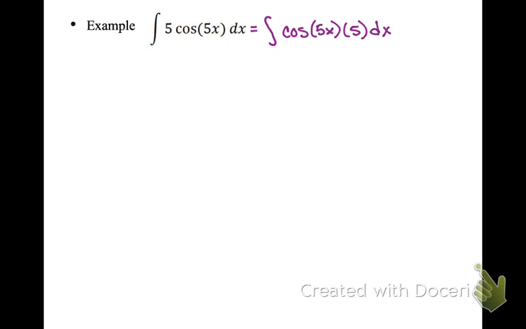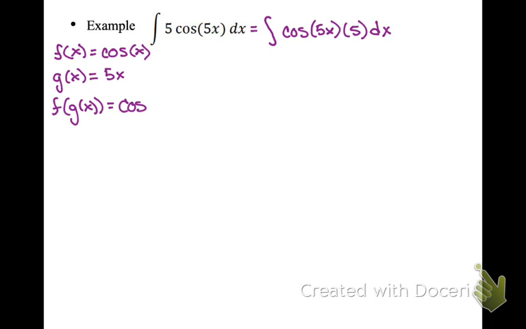So when I'm identifying things, f of x is the outside function. What is it? Cosine of x. What is the inside function? 5x. So what is f of g of x? It would be cosine of 5x. I'm just trying to get you to see that.